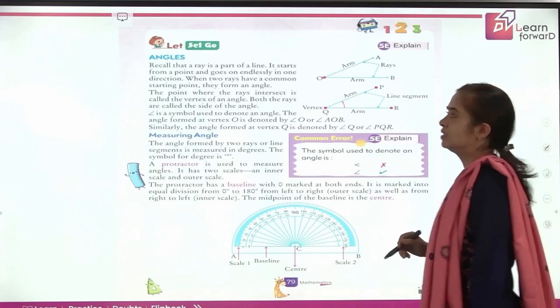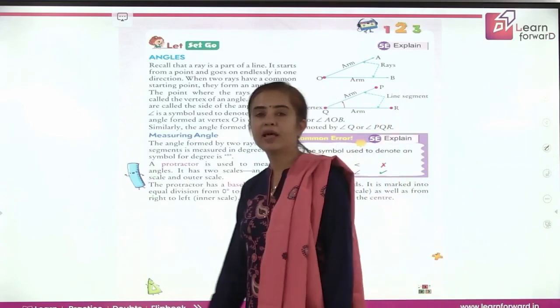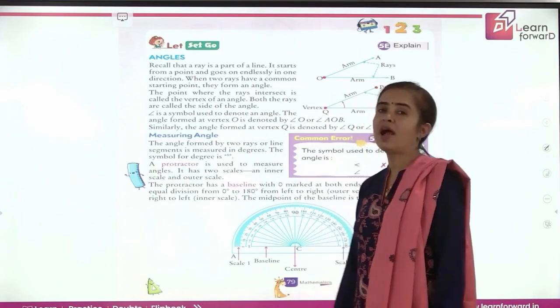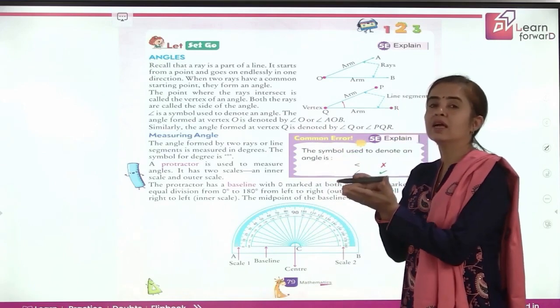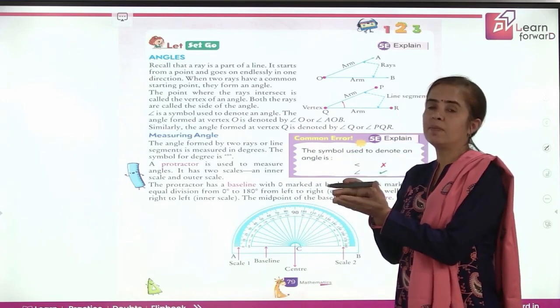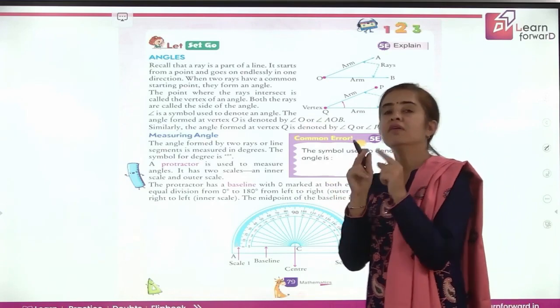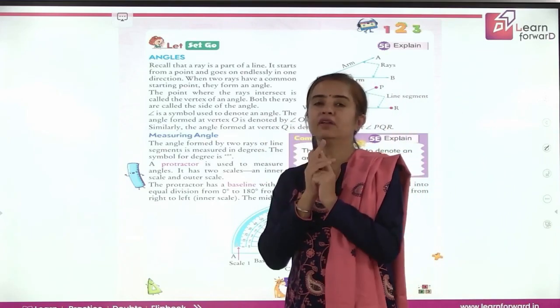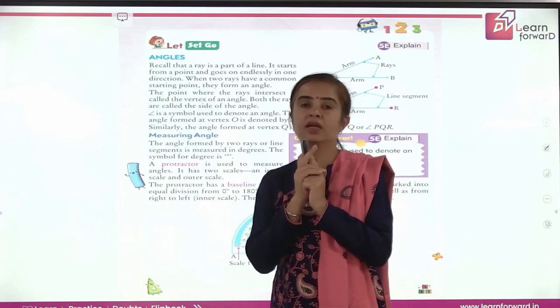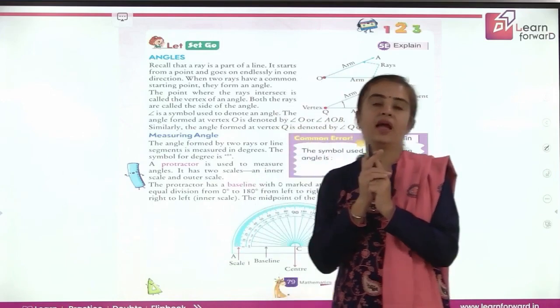Now let's understand about angles. What are angles? When you have two rays starting and going apart from the same fixed point, two rays rising from the same point, fixed point, starting point, that gives you an angle. And what is an angle?